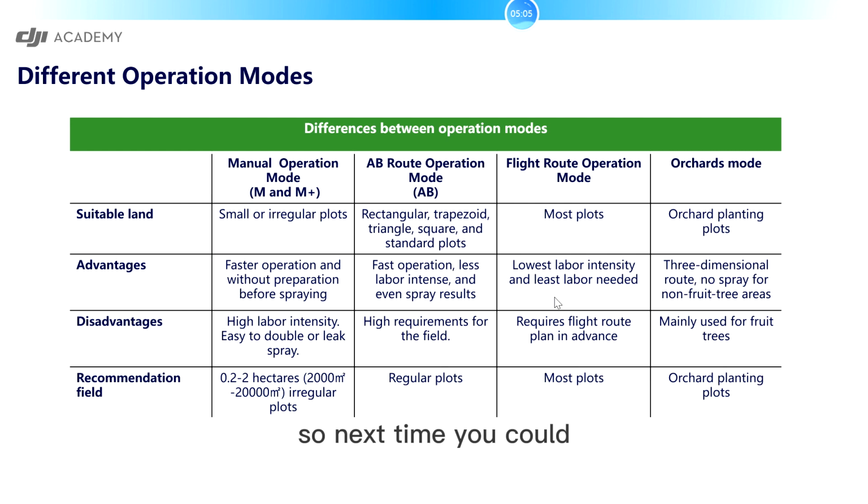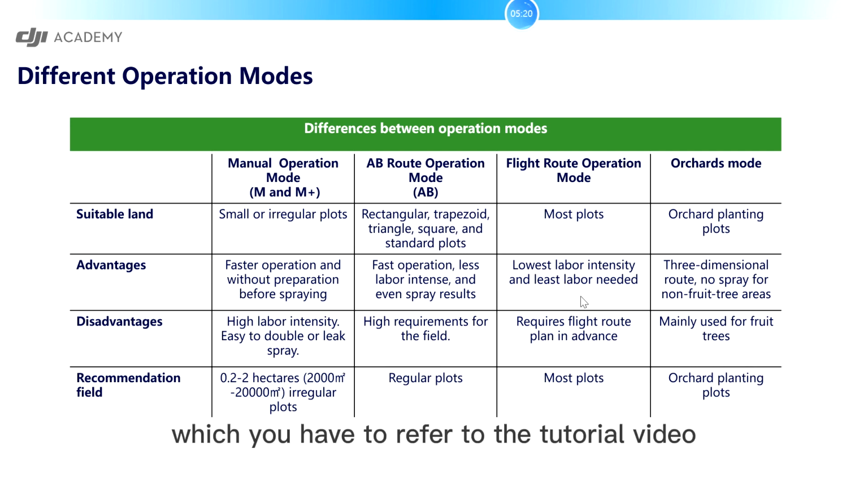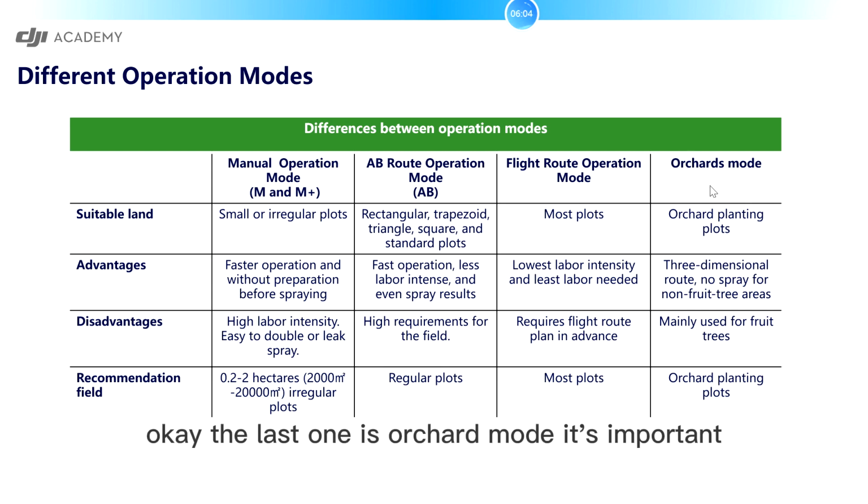So next time you could record the task and spray directly. But of course, there are some details you have to pay attention to, which you have to refer to the tutorial video.